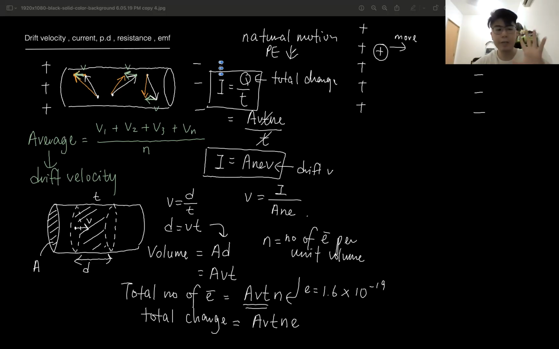What potential energy? Electric potential energy in this case. Potential energy is like stored energy. When I put the charge here, it has stored energy, so it can do work. How does it do work? By moving to the right.